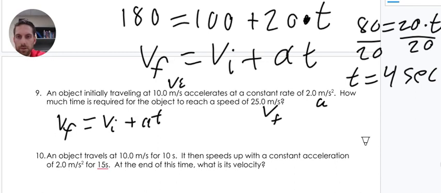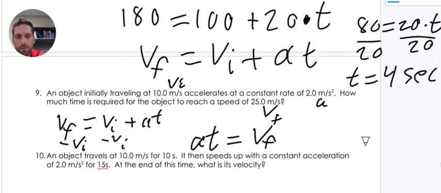Use that same equation and subtract vi, t equals vf minus vi.